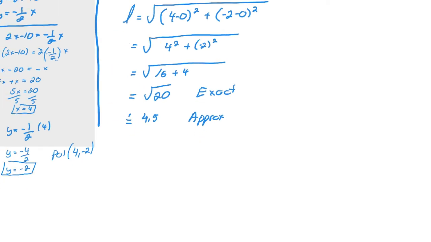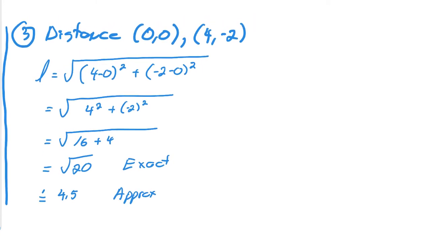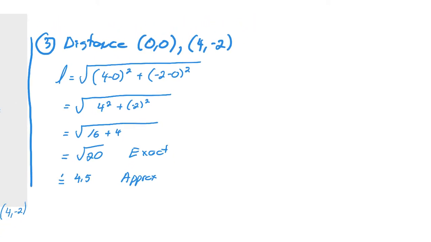Now, if you know the equation of a circle, you could recognize that this could be done a little bit simpler using the equation of a circle: x squared plus y squared equals the radius squared, because that's what we're finding if we're starting from 0, 0.